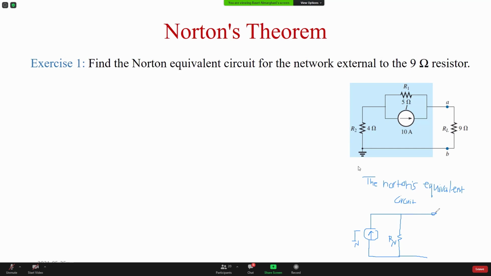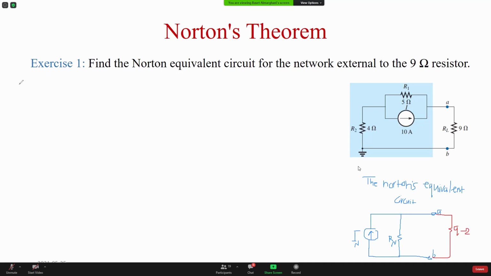Those are the terminals A and B. At the end, that 9 ohm resistance is not included in my equivalent circuit. It says external to that 9 ohm between these two terminals.